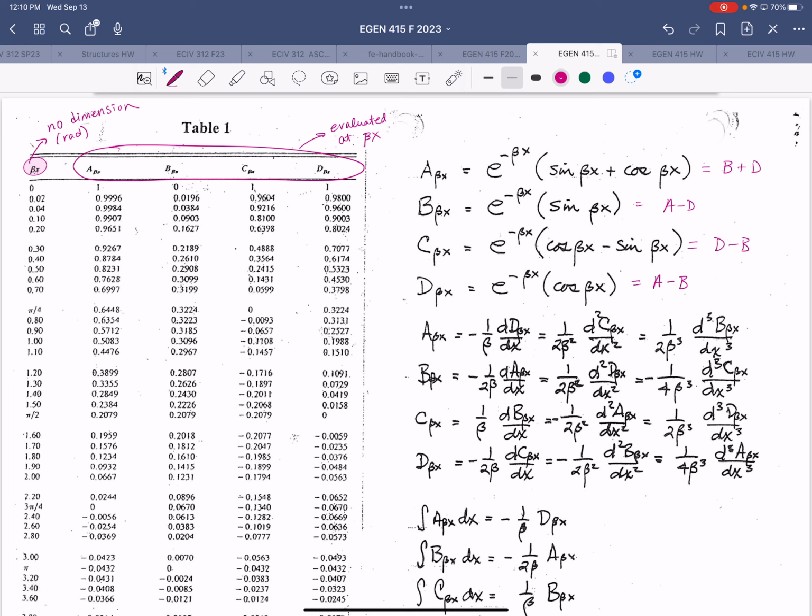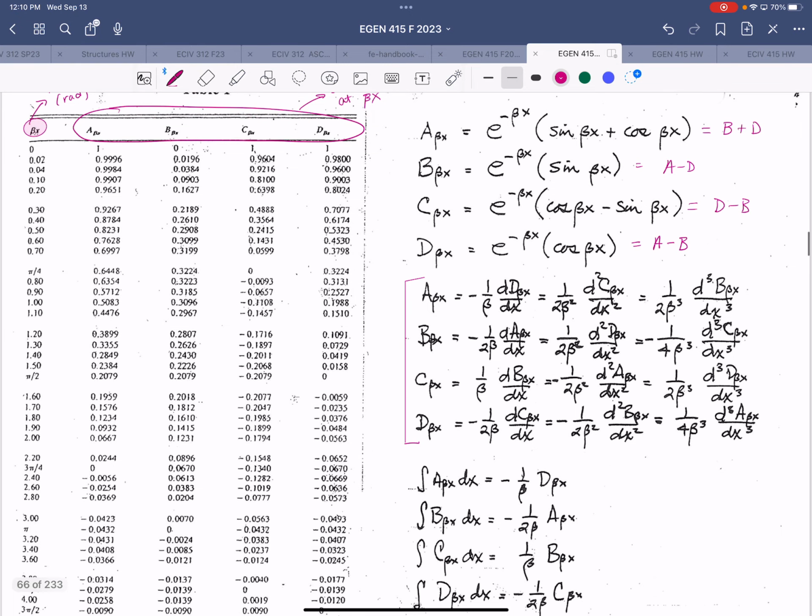All right, so back to the right side of the page, we have here a derivative table. I'm going to note that we're going to refer to this quite a bit actually.